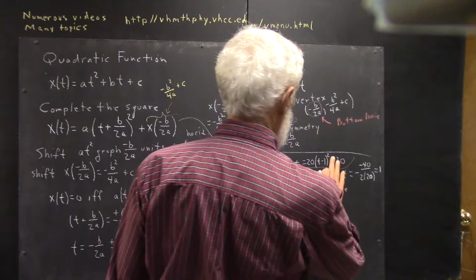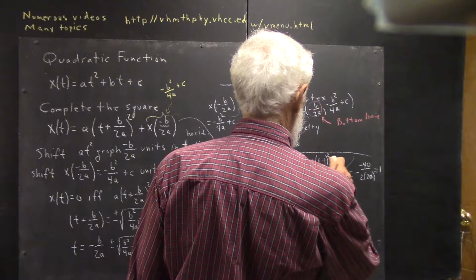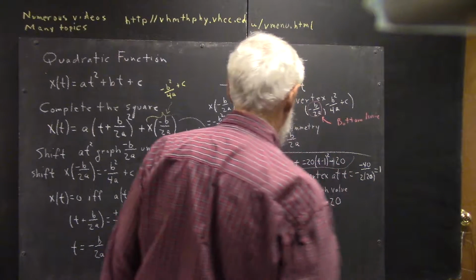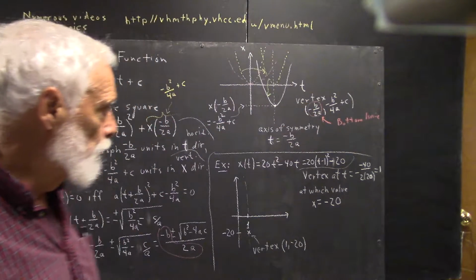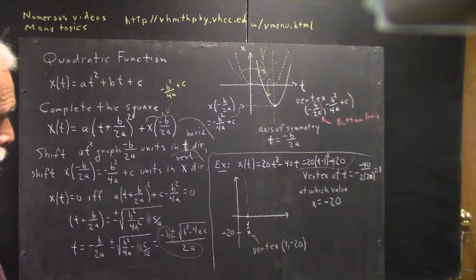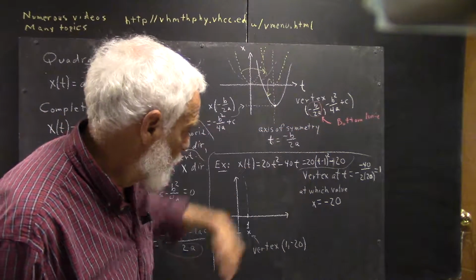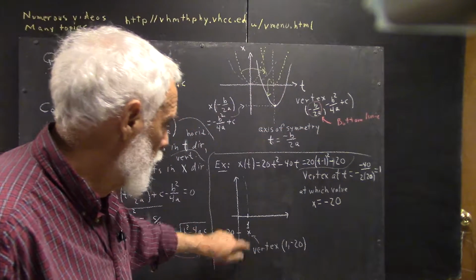I wrote that down incorrectly. That's minus 20. Hopefully, since that's the first time we referred to it, it didn't distract you. So now we have the vertex at 1, negative 20.